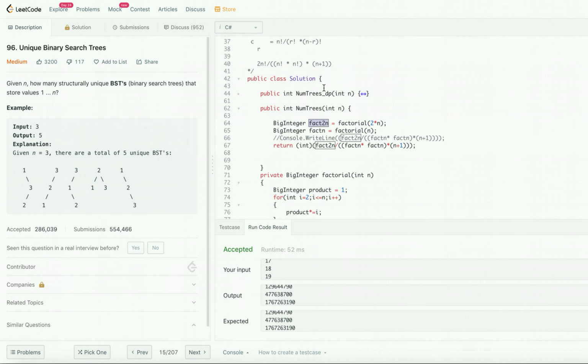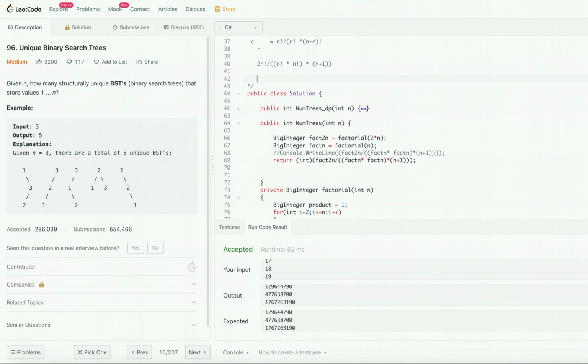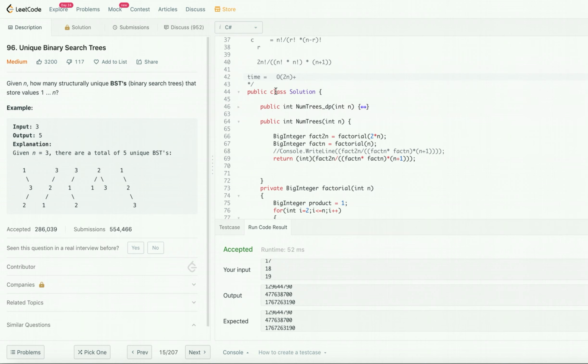It will be order of 2n, plus, just to remind you, I am calculating the time complexity, what is the time it will take for factorial of n? Order of n. So that will be order of 3n. Since we are going to remove the constants from big O notation, it will be order of n time.